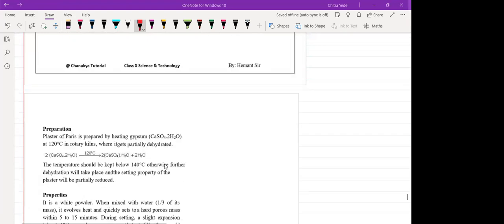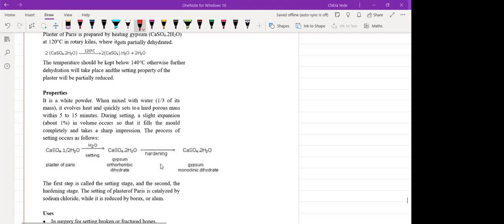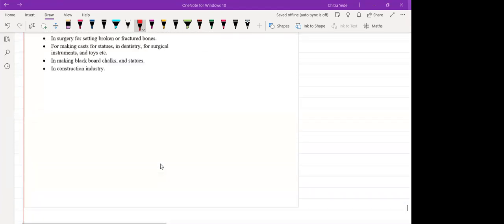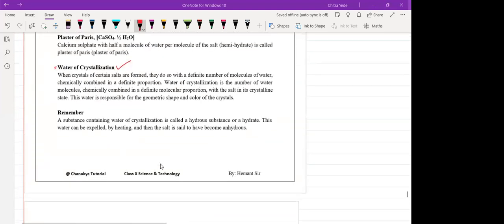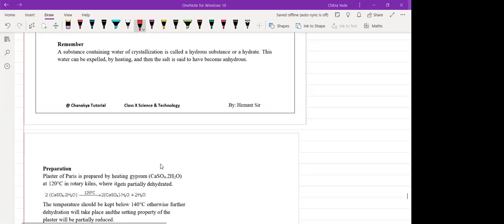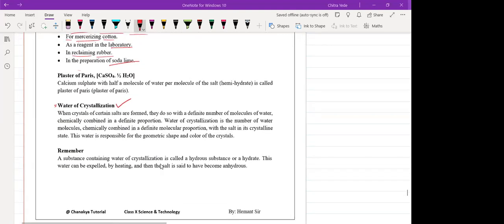Okay, next we have plaster of Paris. It's quite long again, and it is not going to complete. POP is the last part. In between, we have water of crystallization.